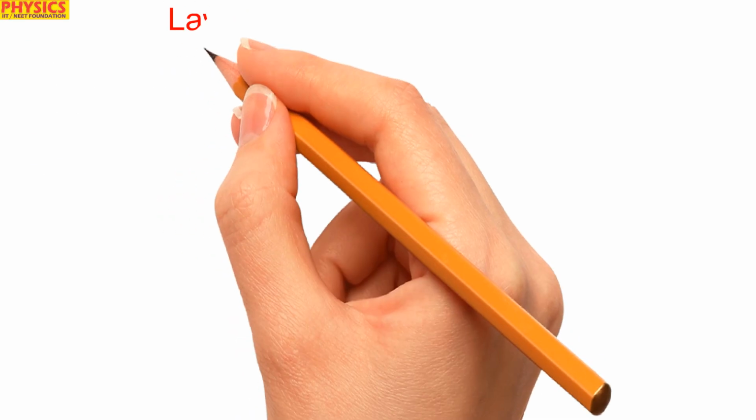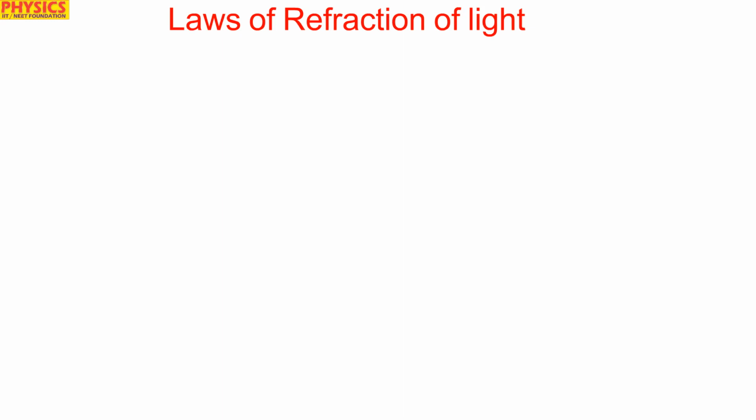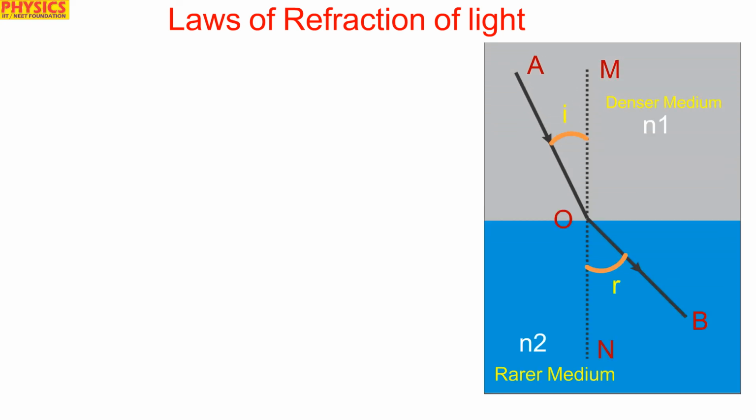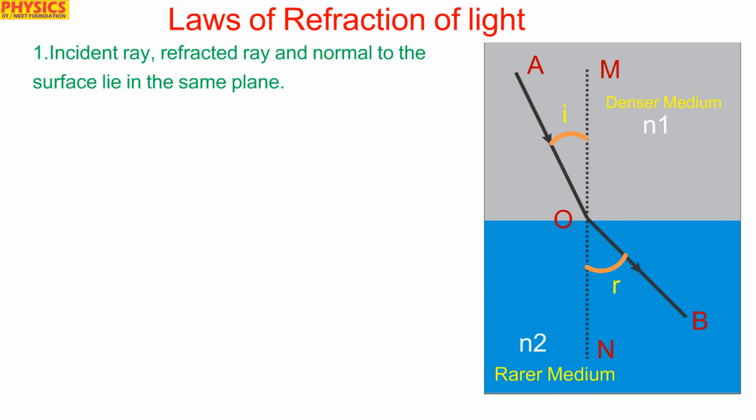Now let us learn the laws of refraction of light. The refraction of light on going from one medium to another takes place according to two laws of refraction, which are known simply as the laws of refraction of light. According to the first law of refraction, the incident ray, refracted ray and normal to the surface lie in the same plane.